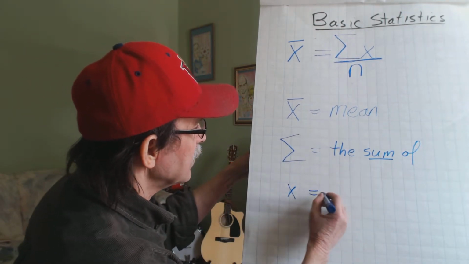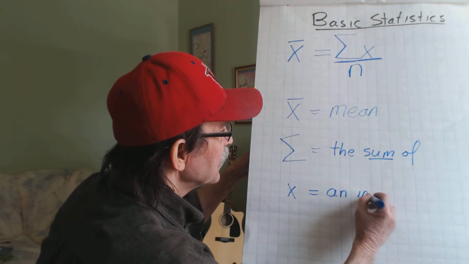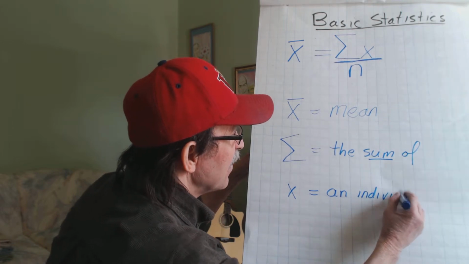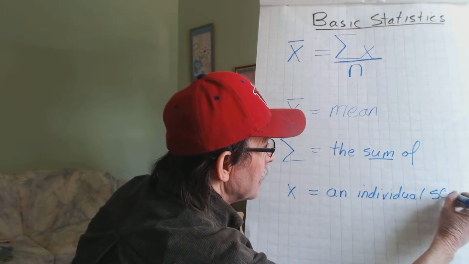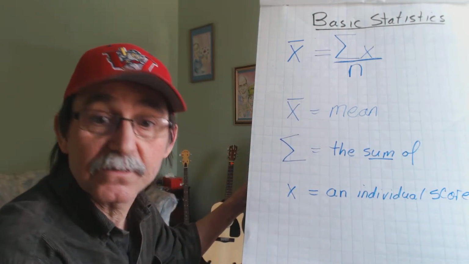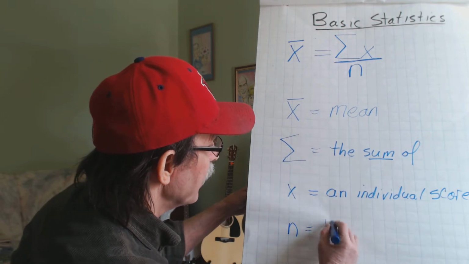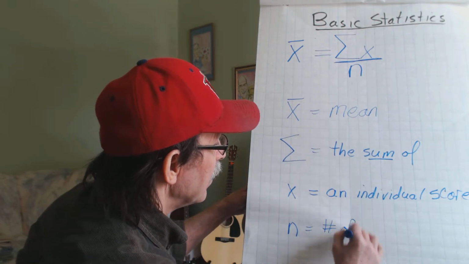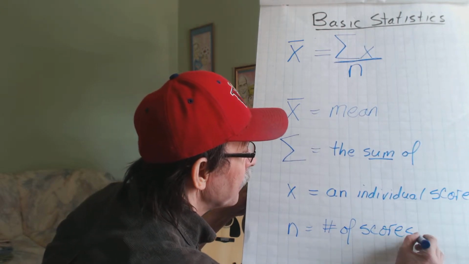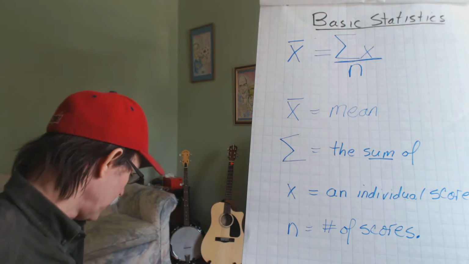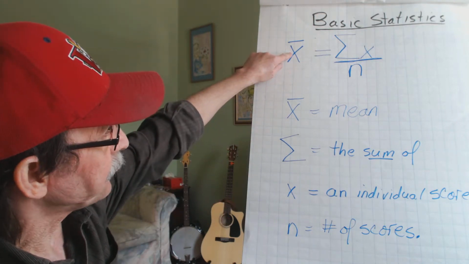The little x is an individual score. And of course, n equals the number of scores. All right, so there's our formula.